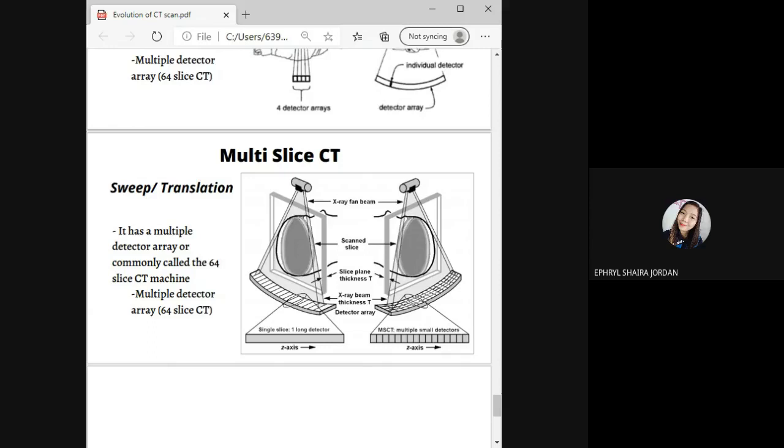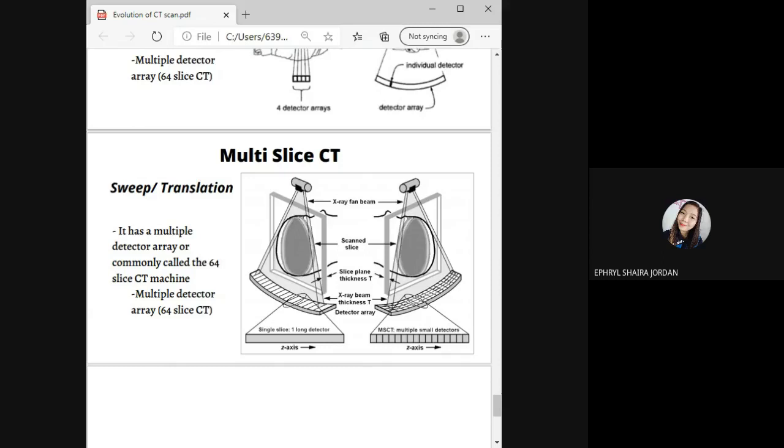So, there is also development in software sa itong multi-slice CT. And also, there's development in the computer capacity kasi mas maraming data, mas mabigat siya. So, dapat mas malaki din yung capacity ng iyong computer to process the data. And this led to processing and reconstruction in short time.